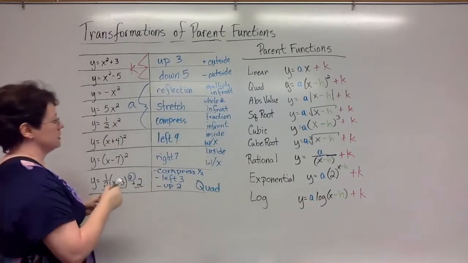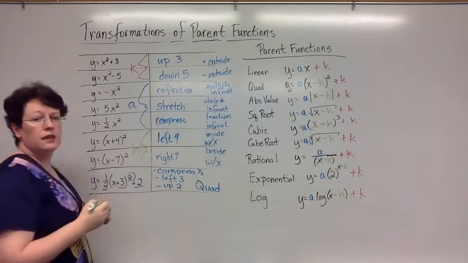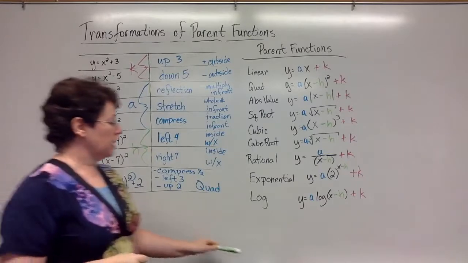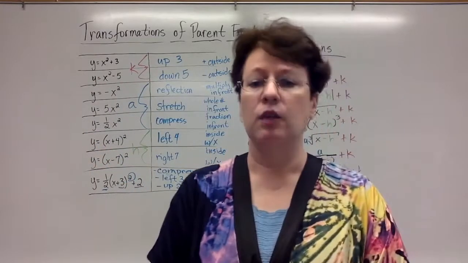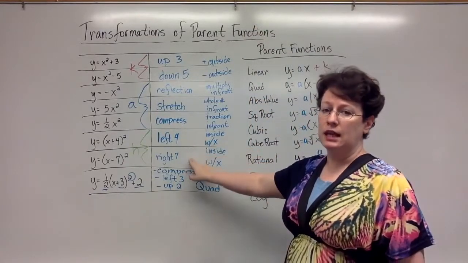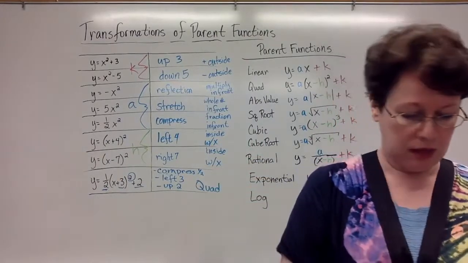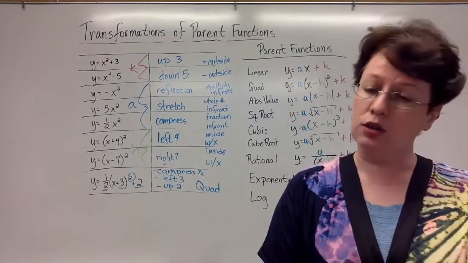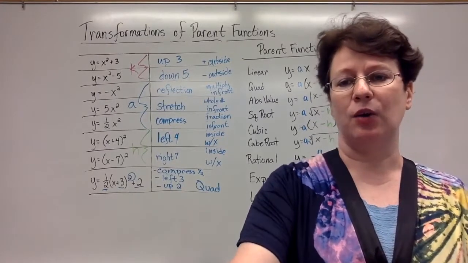And if it's inside with the x being added or subtracted, that's my H. That's my horizontal shift, left and right. Remember, with the horizontal, positive goes left, negative goes right. We have a few examples that we will do in the last notes video, and then you will be free to start your practice. I hope this helps.